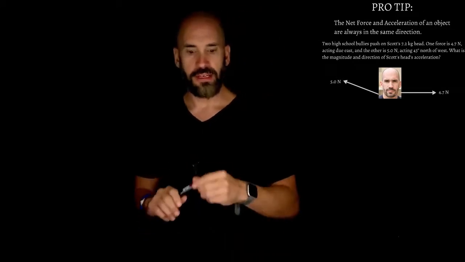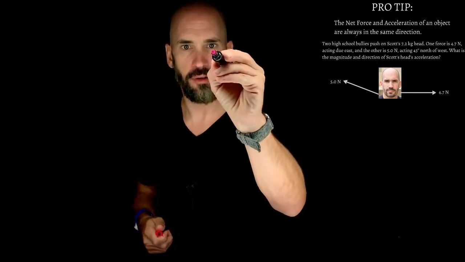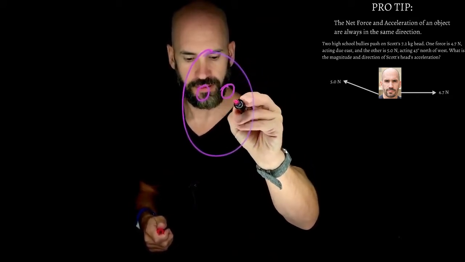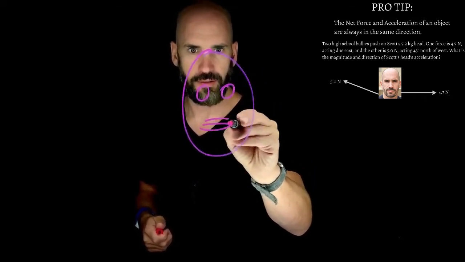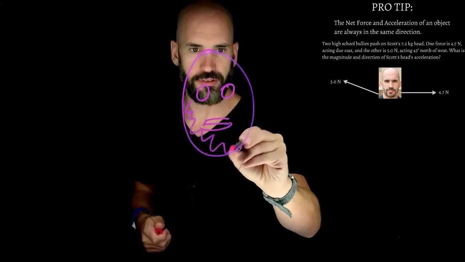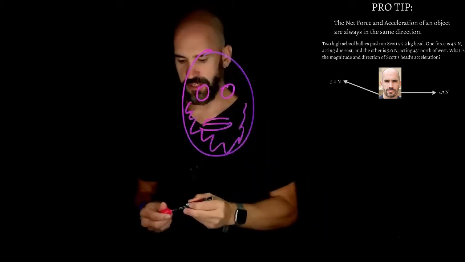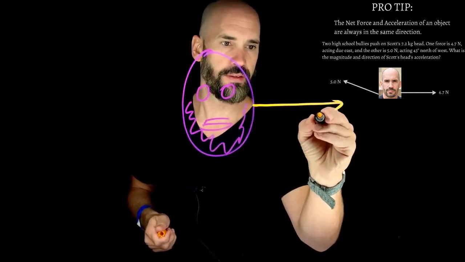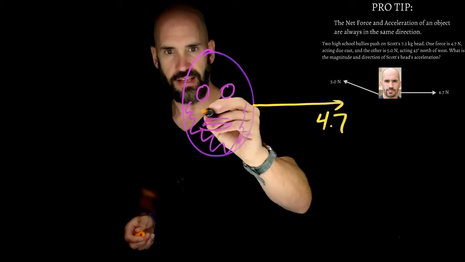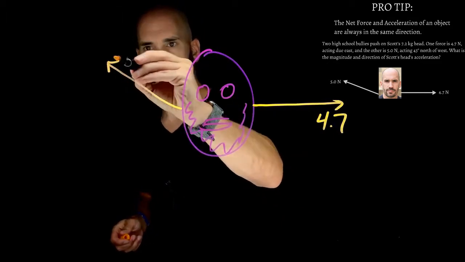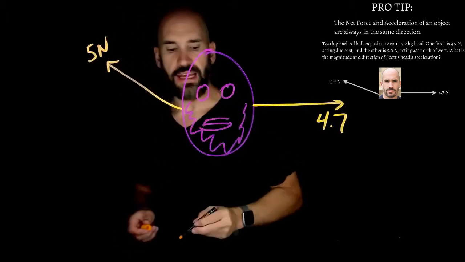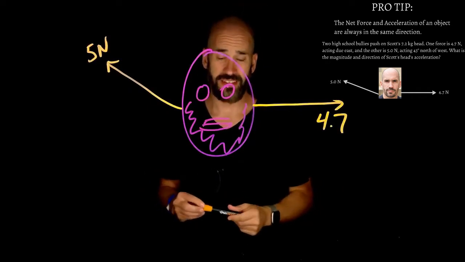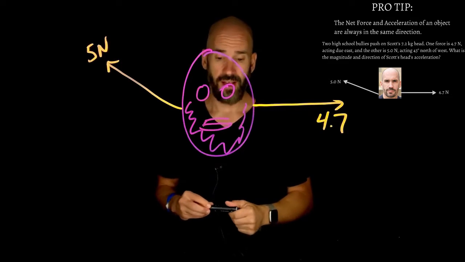Okay, in this problem, there's my bald head, and there's my mouth, and then I've got a little bit of beard action here. And it appears that there is a 4.7 Newton force here, and there is a 5 Newton force in this direction. These forces are the result of some bullies. It says 2 high school bullies are pushing Scott's 7.2 kilogram head.